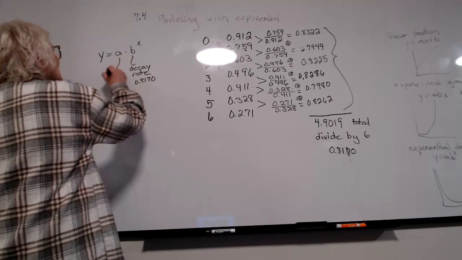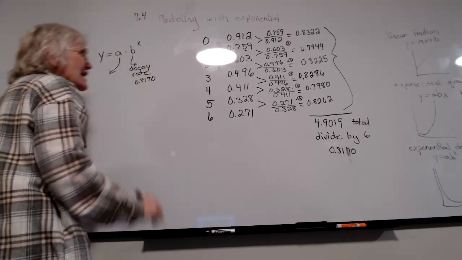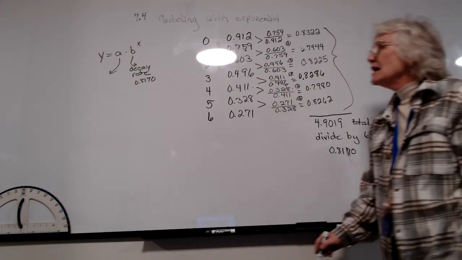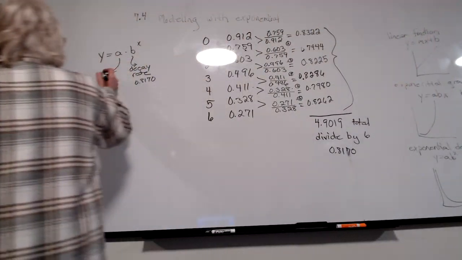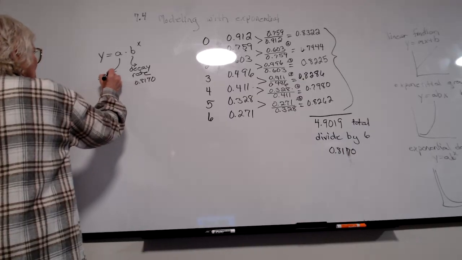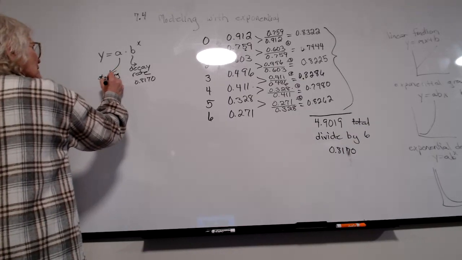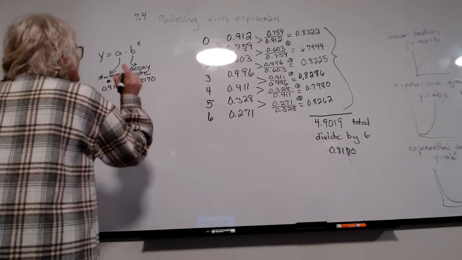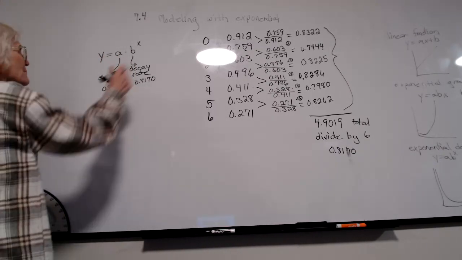So b is 0.8170. We need to know what a is. What is a? A would be the starting number. My starting number is right there, which is 0.912. So now I have a and b, so I have my equation.